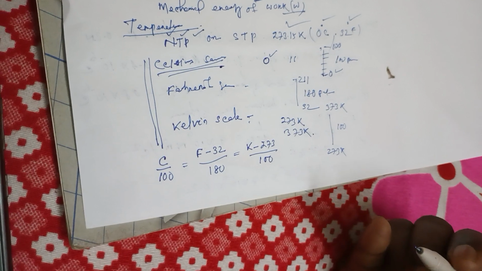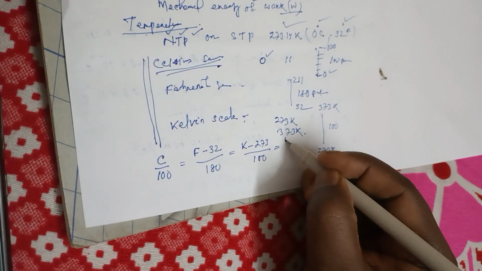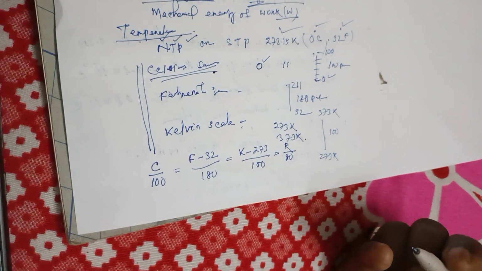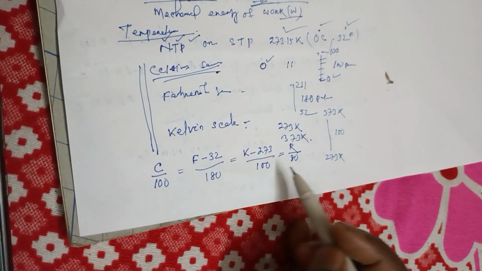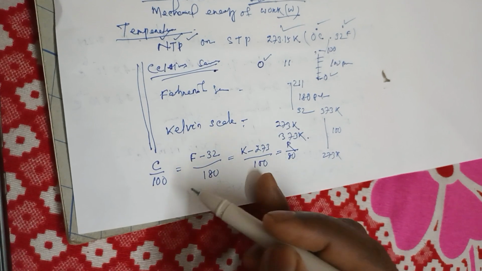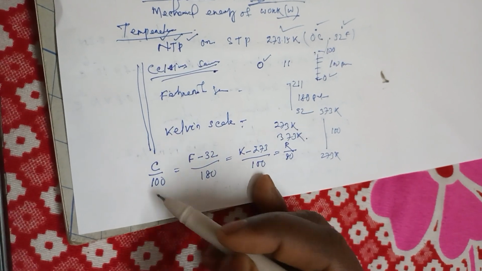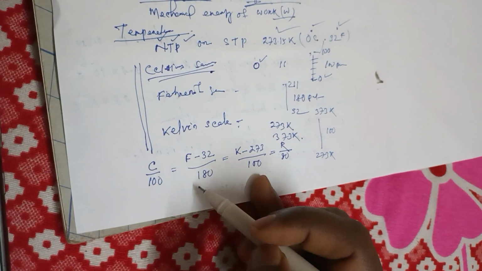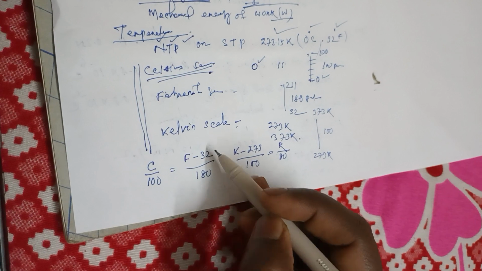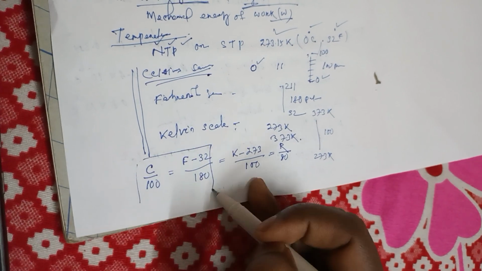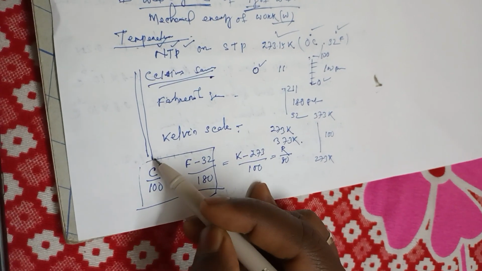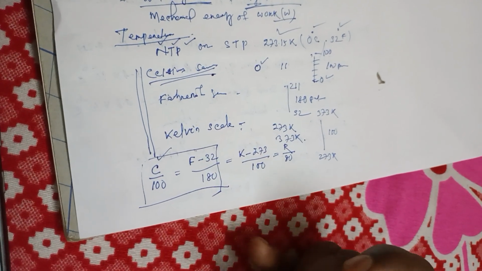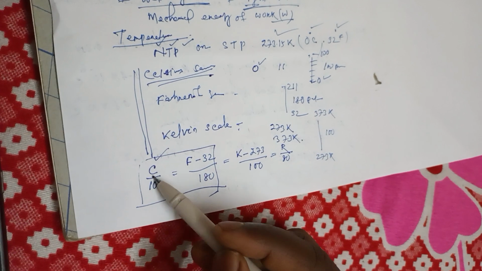And there is also another scale, the Reaumur scale, R by 80. This is the conversion between scales. If you want to find the relation, we will find it by cross multiplication of these. Then we will get a relation between centigrade and Fahrenheit. In this way, we can establish the relation between centigrade and Kelvin.